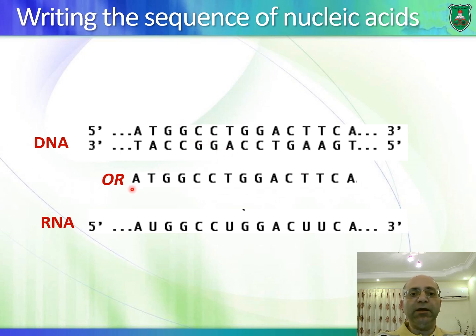If you just say it's A, T, G, G, C, C, I know that you're starting at the 5 prime end, and I know that the complementary strand is T, A, C, C, G, G, and I'm starting the complementary strand at the 3 prime end.